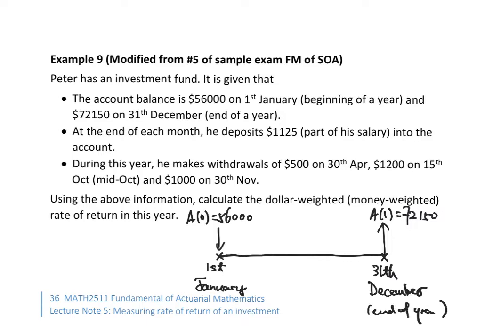Now, we are also given that over this year, Peter will make deposits into this account. Perhaps he tries to deposit part of his salary into this investment fund.